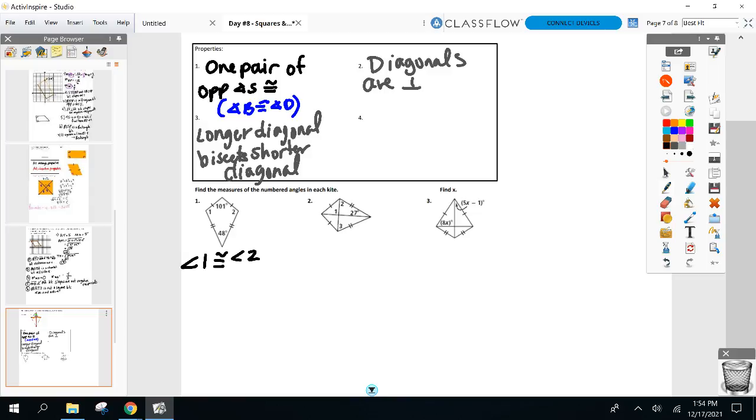Any thoughts? A kite still has how many sides? Do you know off the top of your head what all those angles should add up to? Yes, 360, correct. So I could do 101, and you guys can do this probably faster than I can. I'm just setting up an equation. 101 plus 48 plus x, because they're the same, equals 360.